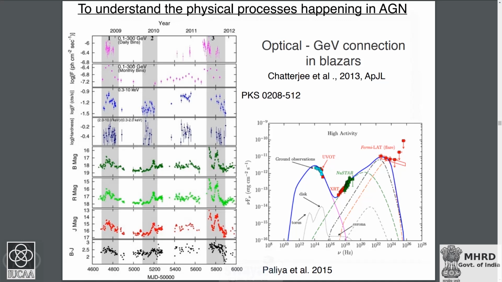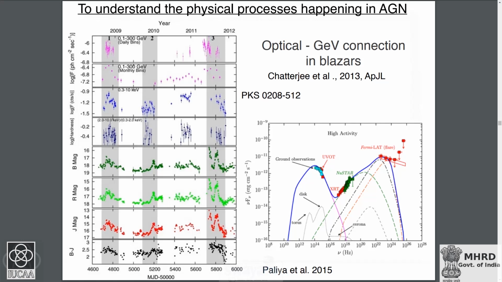A low energy photon is Compton upscattered to higher energies. Therefore, if any variation happens in the optical or UV photons, it is expected that the X-ray as well as gamma ray photons show the same behavior in the case of leptonic models.